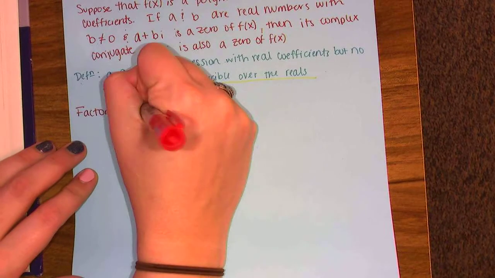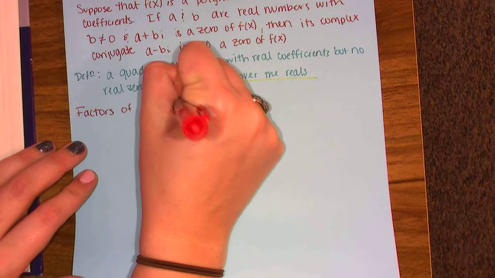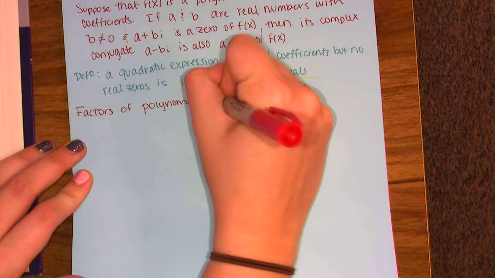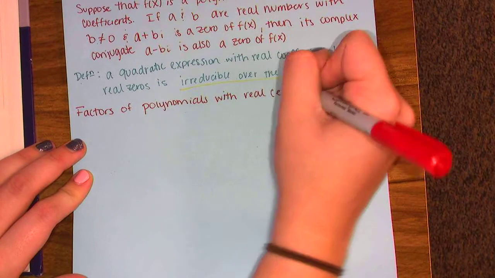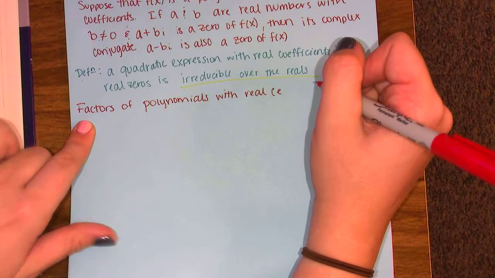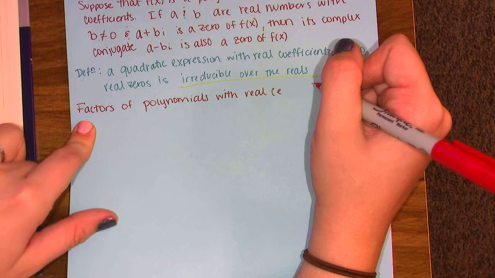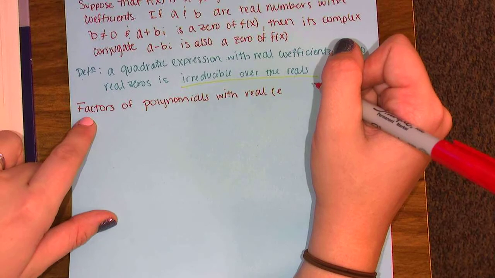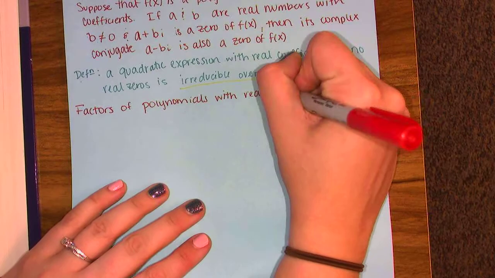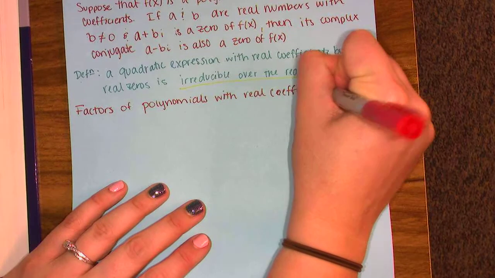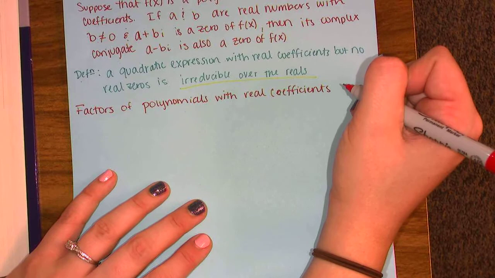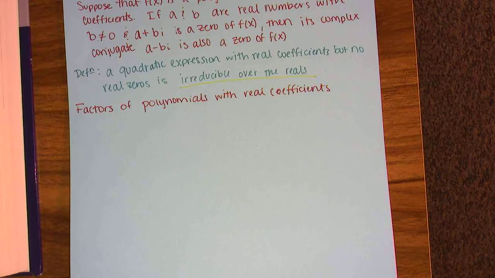Alright, factors of polynomials with real coefficients. If you're not counting this line, then 4. If you count this line, 4. And then there's going to be one more note after that, and then it's just examples after that.